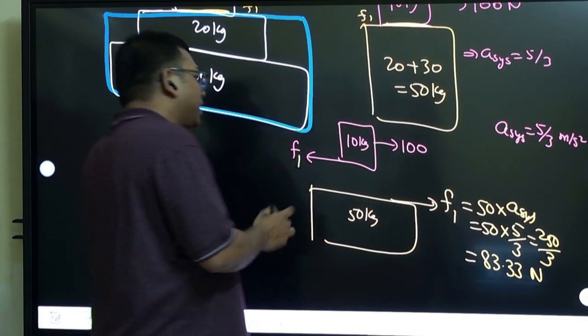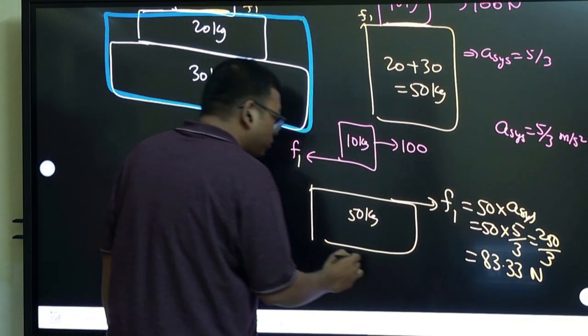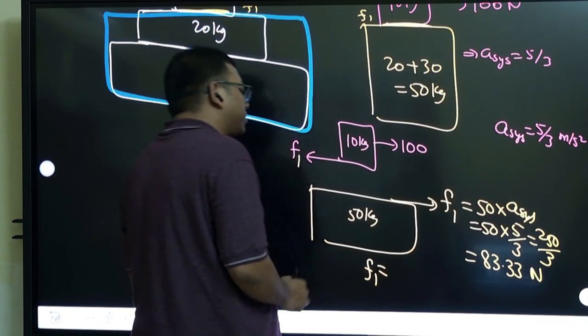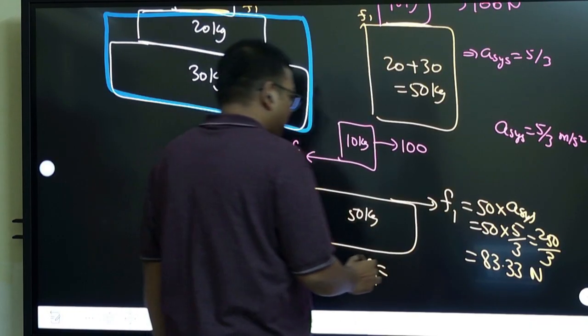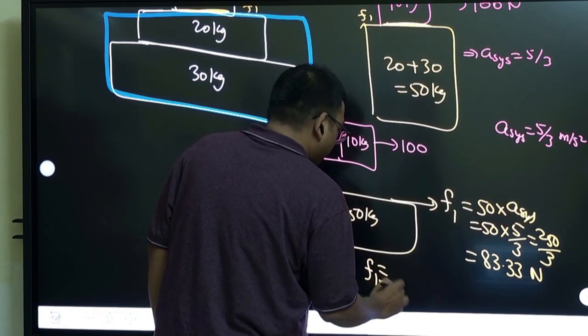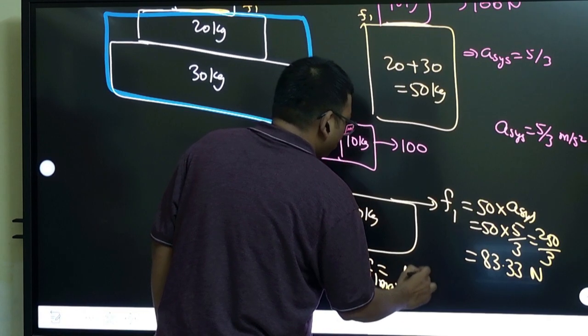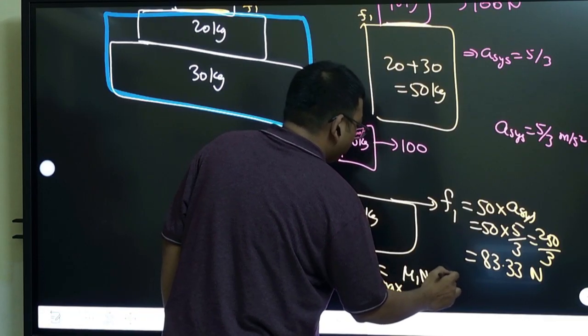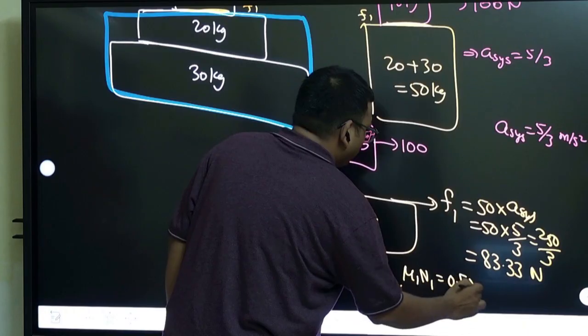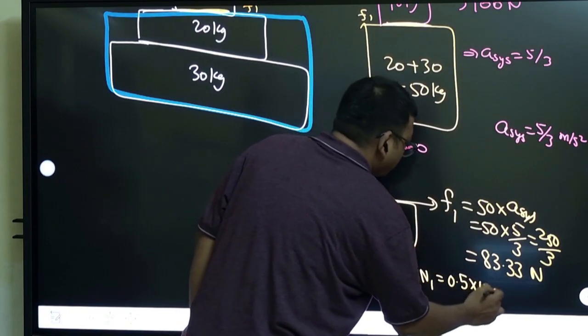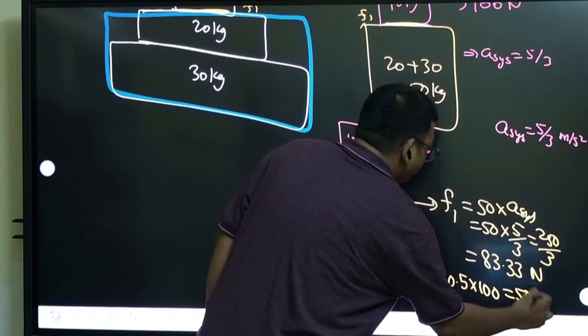But what is the maximum value of F1? That you also calculate. Maximum value is mu1 into normal N1. Mu1 is 0.5 and normal N1 is 100, so this is 50 Newton.